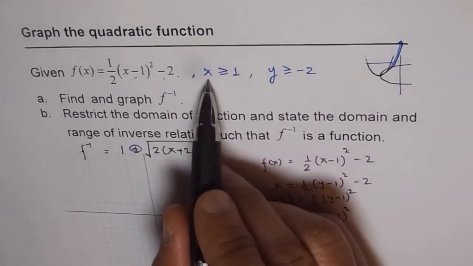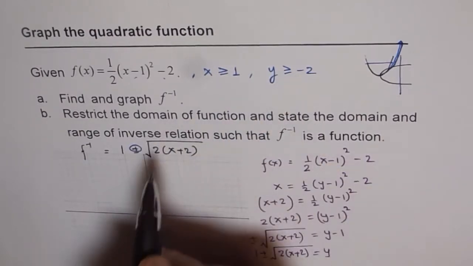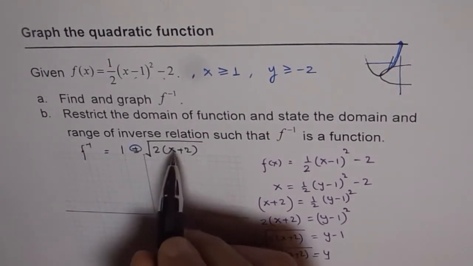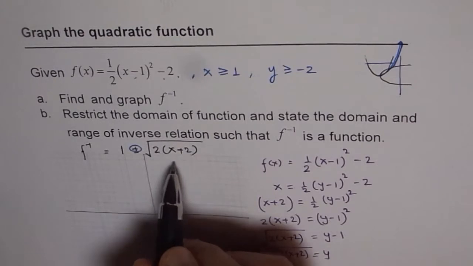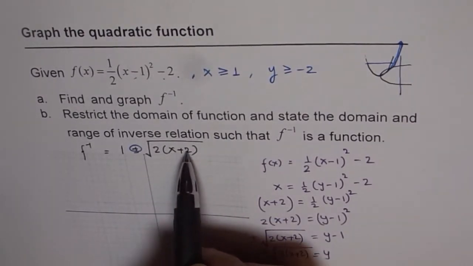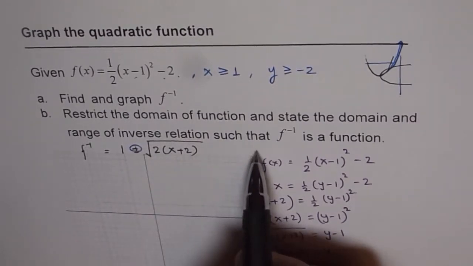That means your x value will be greater than or equal to minus 2, which you can see from here also. x has to be greater than or equal to minus 2. Otherwise, the expression inside will be negative. If x is minus 2, it is 0. And if it is less than minus 2, then it is negative. So it has to be on the right side of minus 2.